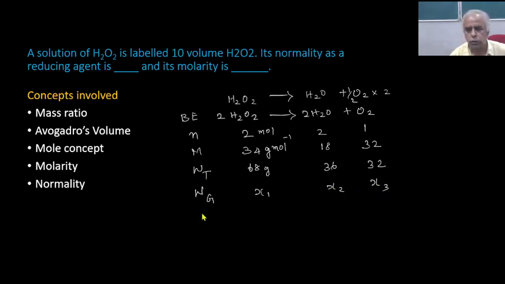So according to mass ratio, the ratio of the respective mass, that is weight given divided by weight theoretical, will be constant in all these cases. Weight given divided by weight theoretical is equal to X1 gram divided by 68 gram, that is X1 divided by 68, equal to X2 divided by 36, equal to X3 divided by 32.